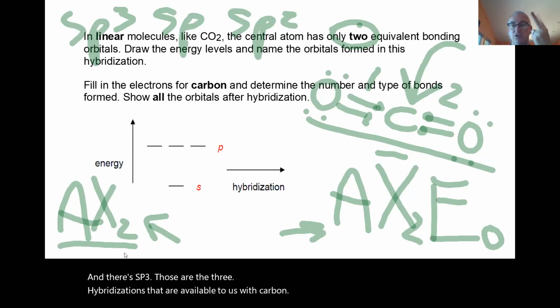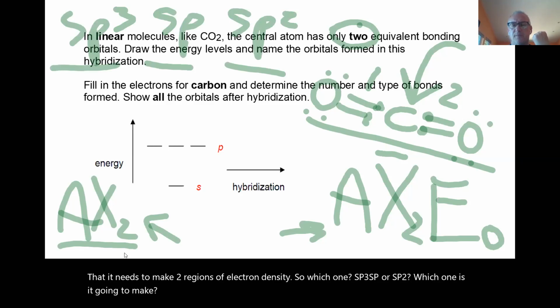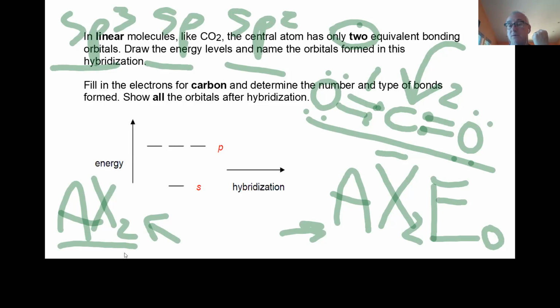It needs to make 2 regions of electron density. So which one, sp3, sp, or sp2? Which one is it going to make? SP2. 2 regions. SP2, okay. Or sp. So when you have sp2, how many bonding regions is that going to be?